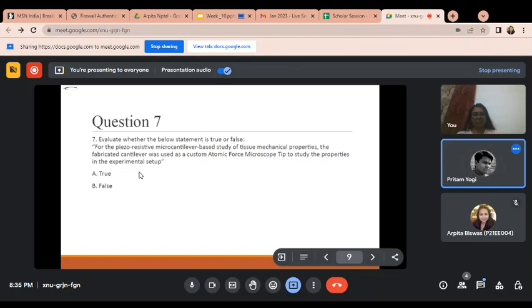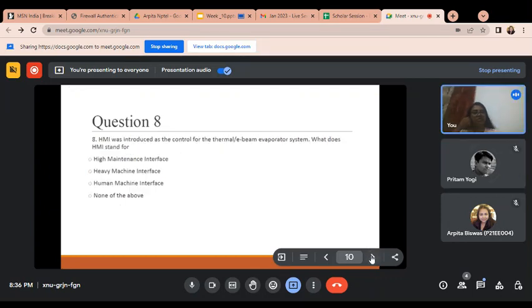True. No, this is false. If you go through the lecture, you can see they have used an AFM tip for the fabricated devices. And here the statement is that the fabricated cantilever was used as a custom atomic force microscope tip. No, they have used a commercial tip and fabricated their devices. So the right option is B, false.